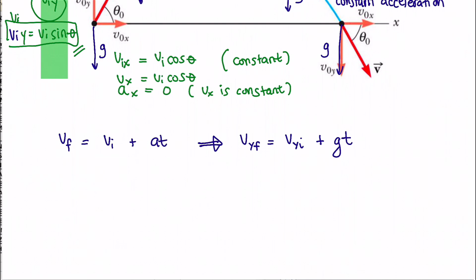Furthermore, we have delta x, or the horizontal displacement, is equal to Vi t plus 1/2 a t squared. If we write this again in terms of the vertical component of the projectile's velocity, then instead of delta x, we are going to be referring to delta y, or the displacement along the vertical axis.